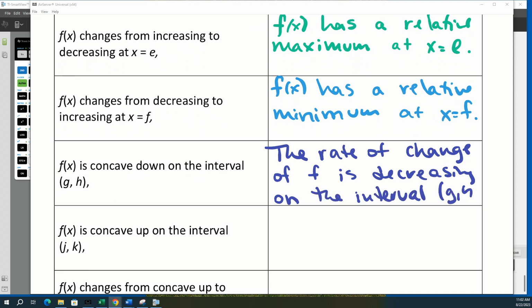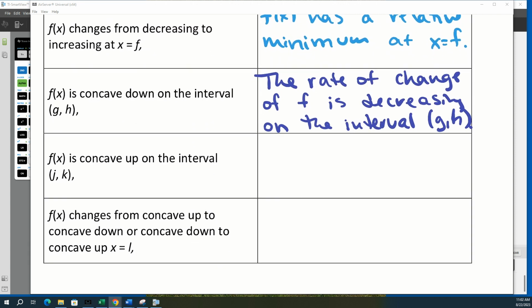This is g to h. Okay. And then the next one is the same thing, except concave up means the rate of change is increasing.